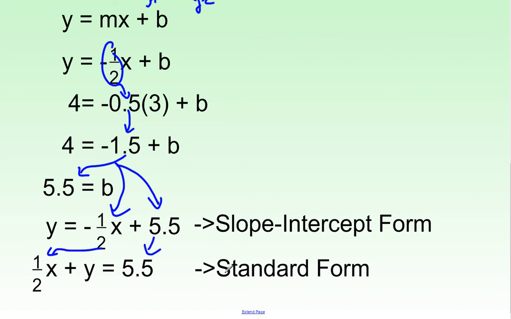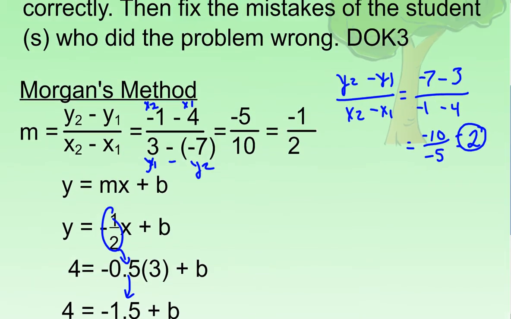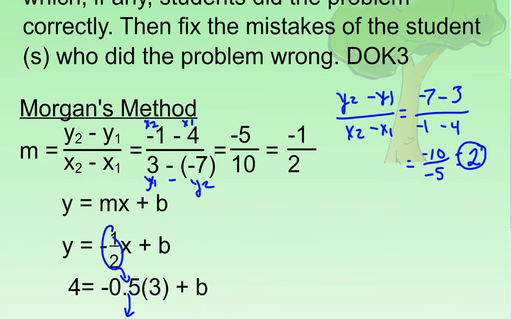So that one mistake of slope made every single other step in her problem wrong. Please be careful with slope. Please take your time with slope. One mistake can ruin everything. So correct slope is 2.